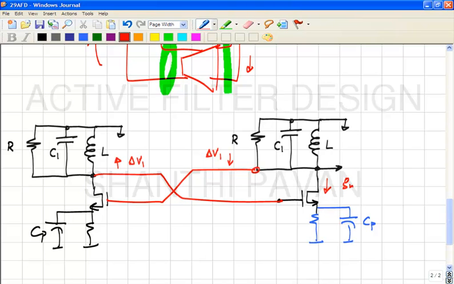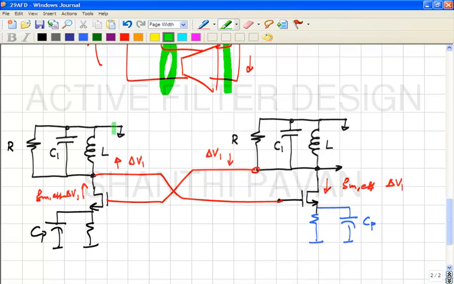Some GM effective, which depends on R, CP and all that stuff. We are trying to do the math, but some GM effective times delta V1 is the current there, correct? What is the current here? It is GM effective times delta V1 going in the opposite direction.